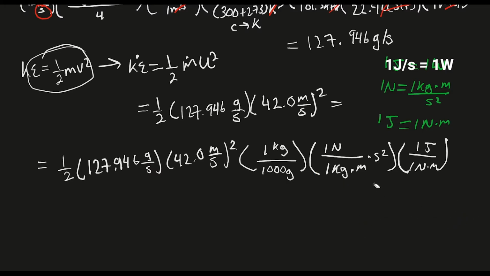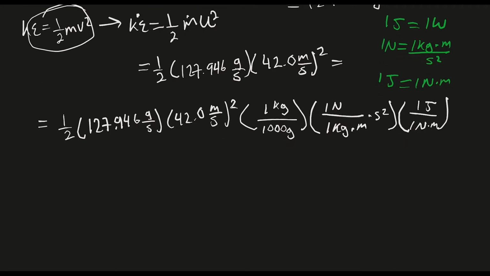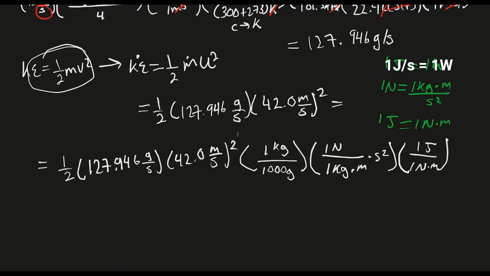And let's get back to the problem. Alrighty. So we're gonna simplify this again. We're gonna get rid of the units, get rid of any unnecessary nonsense and simplify the answer. So before I continue, you're probably wondering, why did I just do what I just did? Well, we're gonna multiply kinetic energy times some unit conversion factors, because if we stopped here at the kinetic energy, we would have gotten different values.